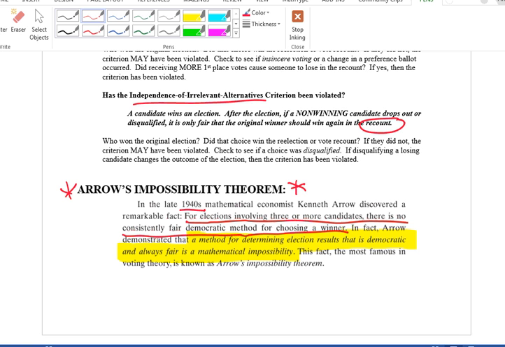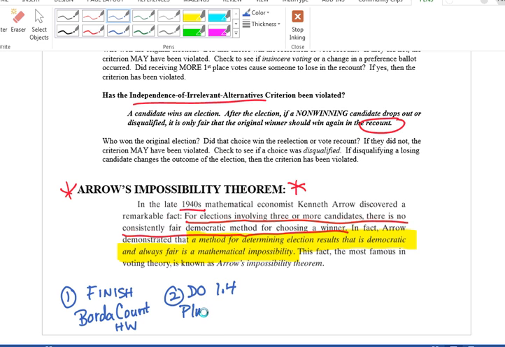And in the meantime, your job today, since I am not here, the first thing that you need to do is, if you have not done so, finish your Borda count homework from yesterday and expect that to be collected next time. You need to do the homework from section 1.4, which is the plurality with elimination.